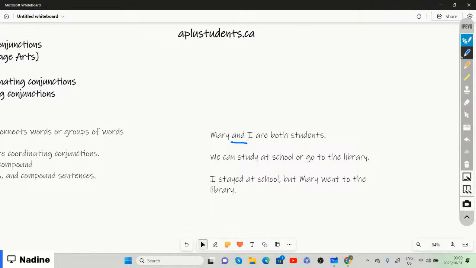We can study at school or go to the library. So if we select the coordinating conjunction within the sentence, we will choose or.